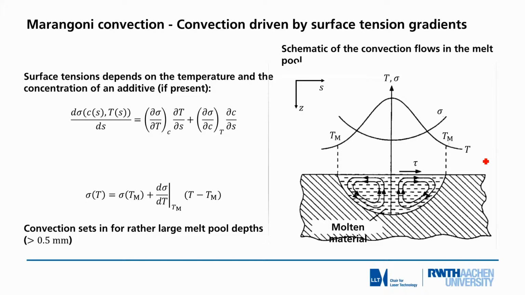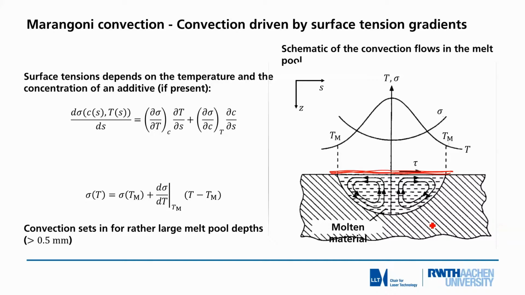In the right-hand picture, you can see the general situation during welding. In this case, we don't have a keyhole welding, we just have a heat conduction weld. So laser radiation is absorbed here in the surface, a very thin layer, and then by heat conduction, the heat penetrates the surface and it forms a melt pool. The dotted lines represent the melt pool.